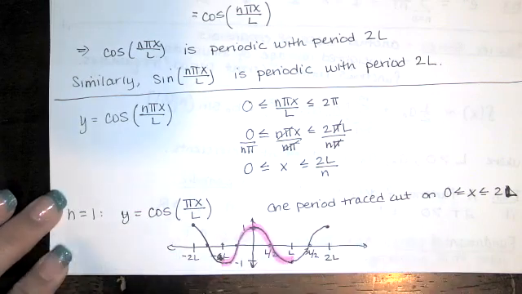Now, if n is equal to 2, let's look at what happens.